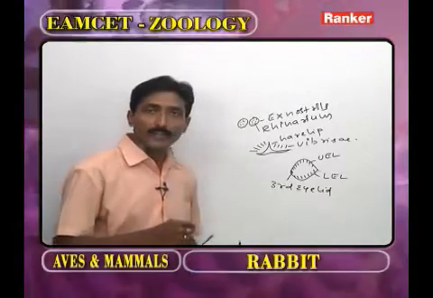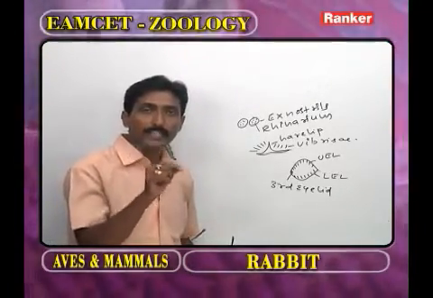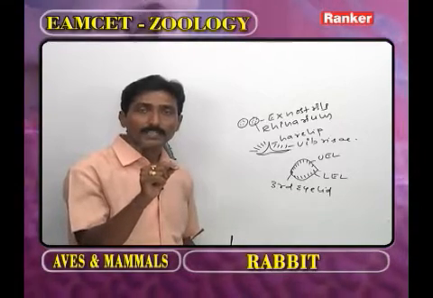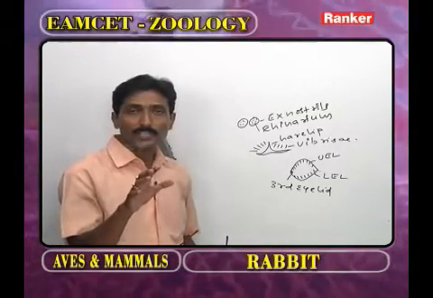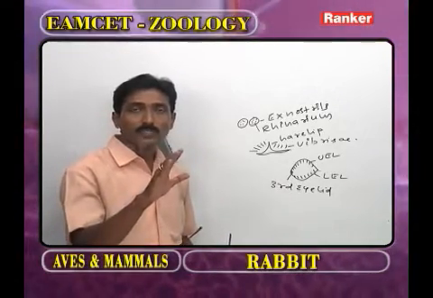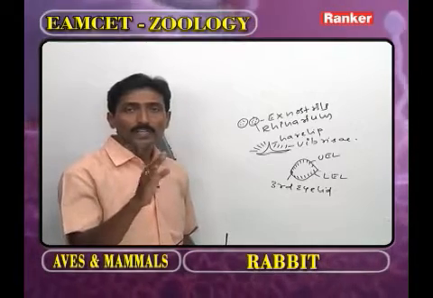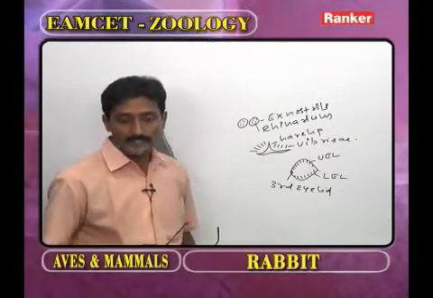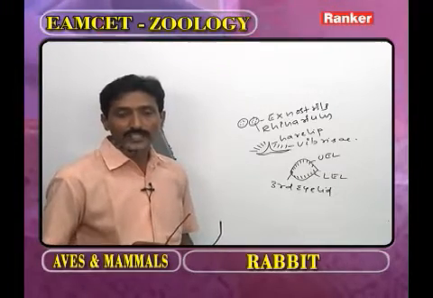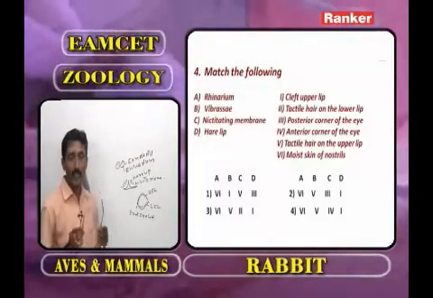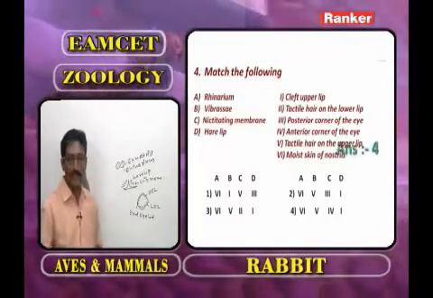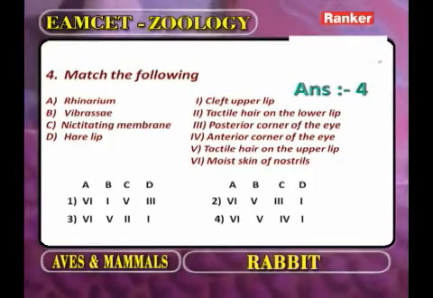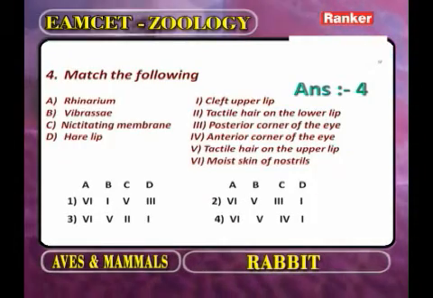But in case of rabbit, at the anterior corner, third eyelid present, but it does not possess eyelashes. It moves forward, backward and protects the eyeballs against the dust particles. Now based on this information, what is the correct answer for this question? That is the fourth option. Now we go for the next question.